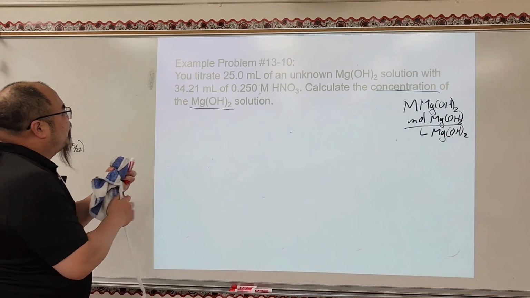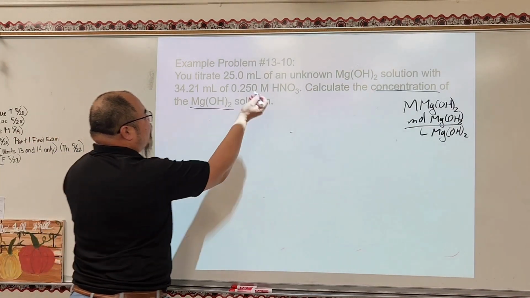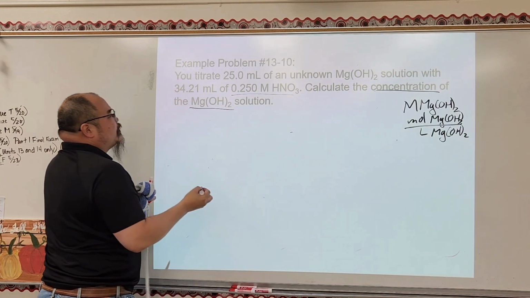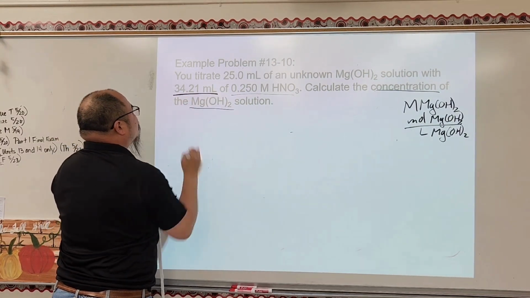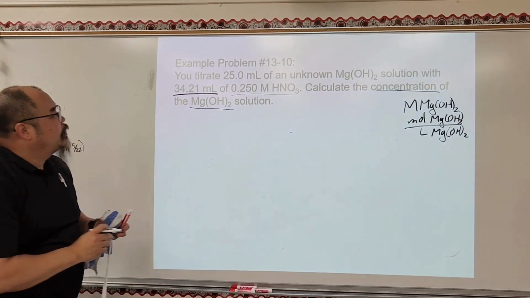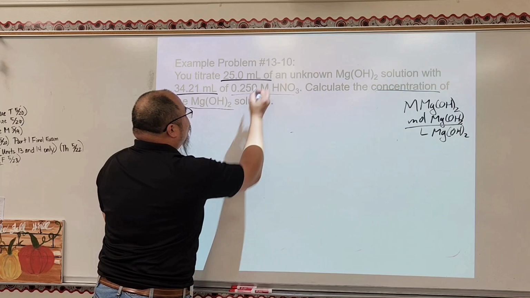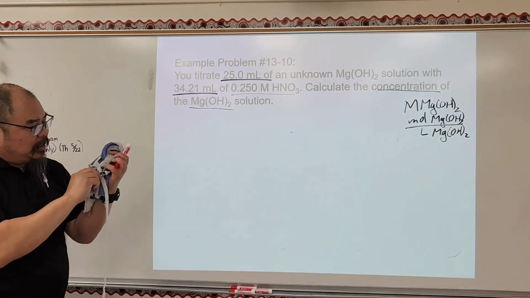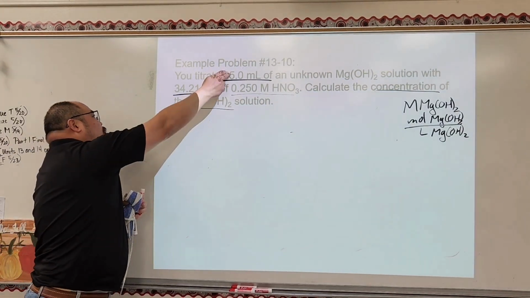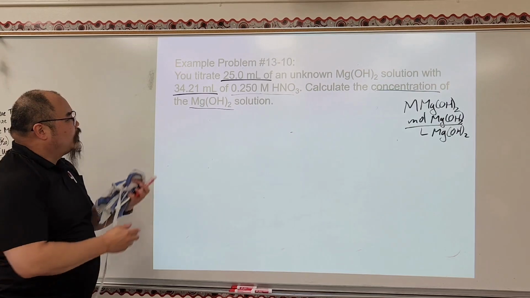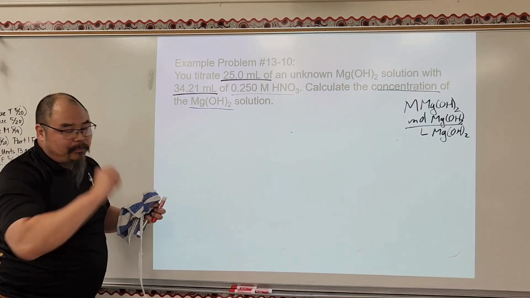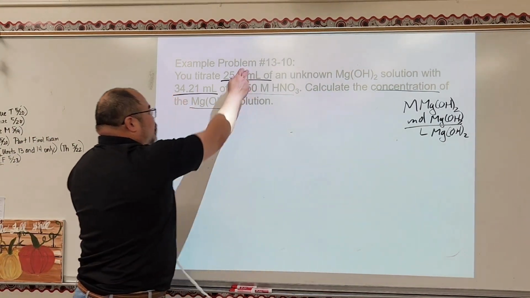Our known information, our titrant is 0.250 molar, and we're going to be using 34.21 milliliters. We also have a known volume that we used of our analyte. Our unknown is 25.0 milliliters. Now, again, our board is too short. Do a shortcut.